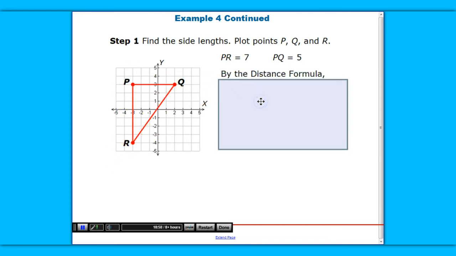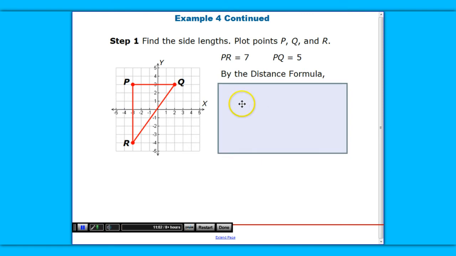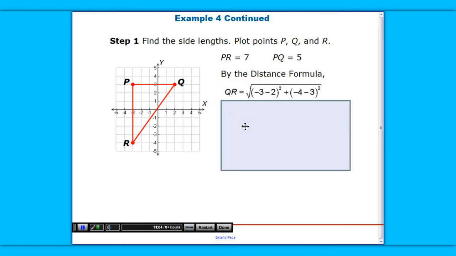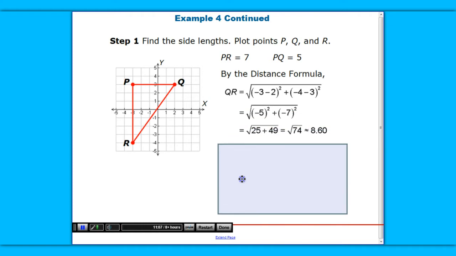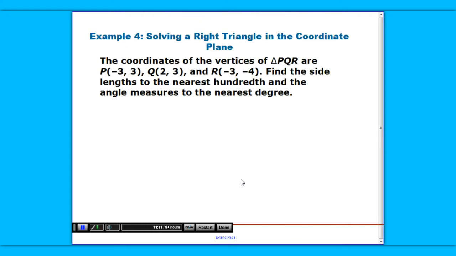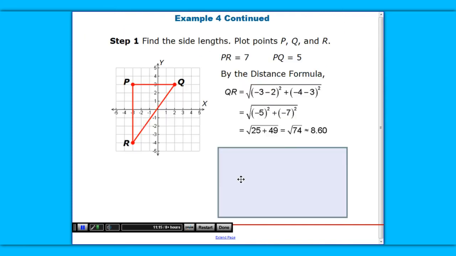So they're using the distance formula. Same thing, isn't it, as our Pythagorean theorem, and they found that RQ equals approximately 8.6. Again, to the nearest hundredth for the side lengths and to the nearest degree for the angles. So here we have 8.60 for length RQ.